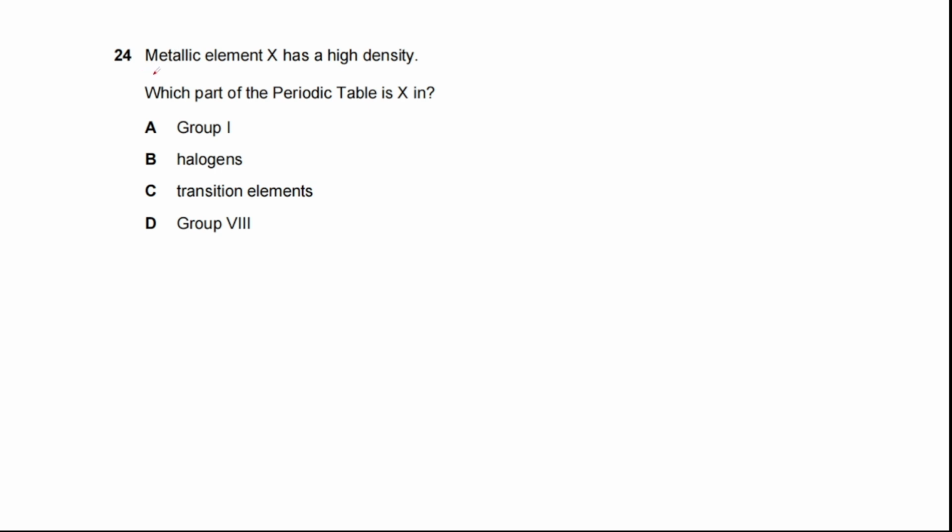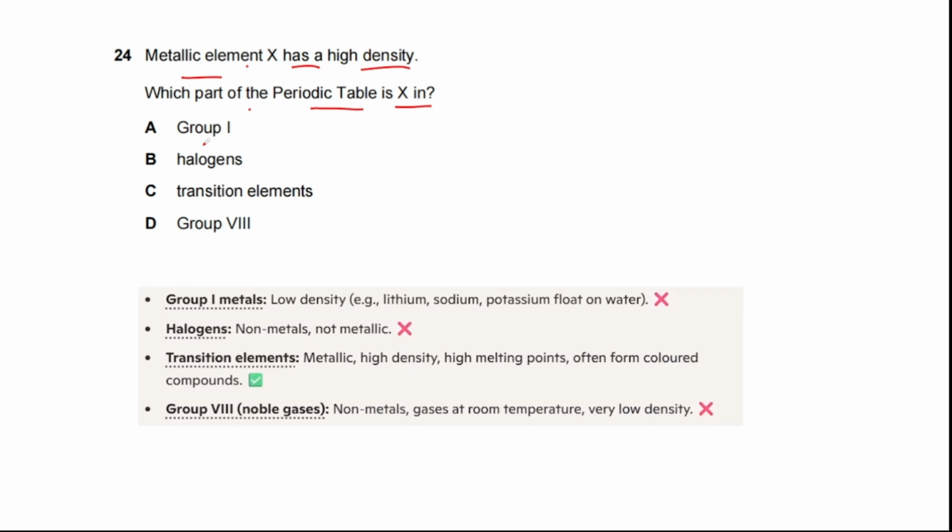Question number 24. Metallic element X has a high density. Which part of the periodic table is X in? It's given that it's a metal, so metals are on the left side. So it can't be a halogen, it can't be option D, and it can be group 1 or a transition element.